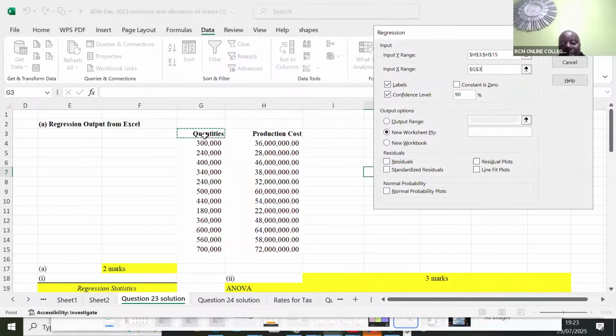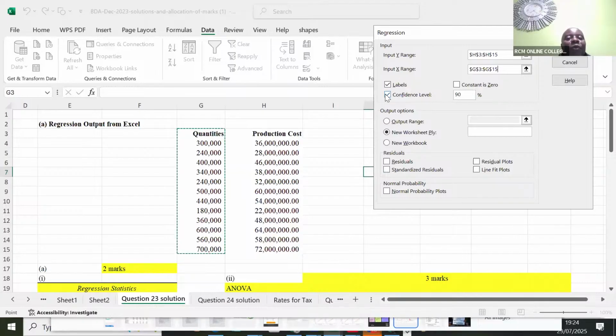Then, using my left hand, I want to highlight everything. Control Shift, with those 4 navigation keys; in this case, the down arrow. Then ensure that you tick the labels, because you have picked the labels, and you tick the confidence interval.